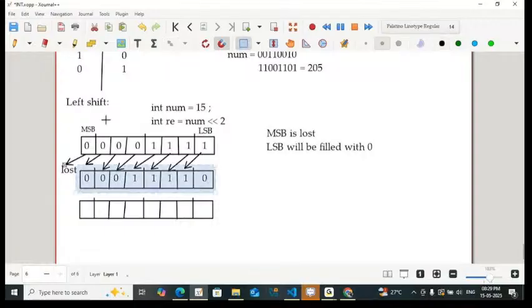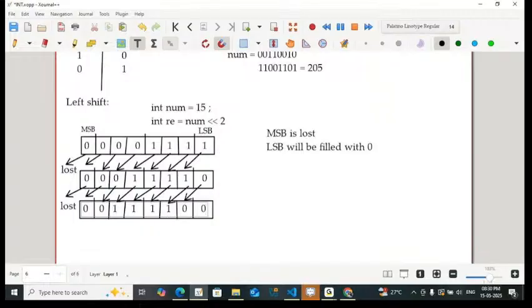Then I have to shift it another time because the question is to shift to the left 2 times. After shifting another time, again the MSB bit is lost. Here I will have 0, 0, 1, 1, and 1, 1, 0, 0.